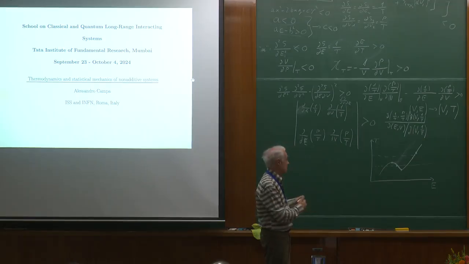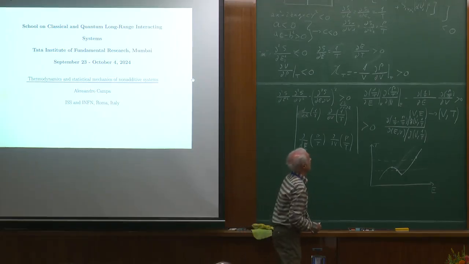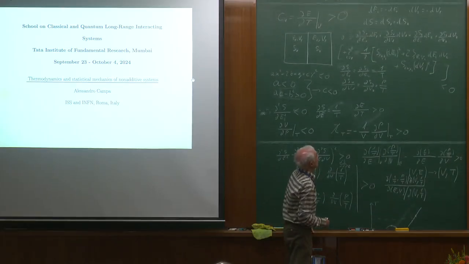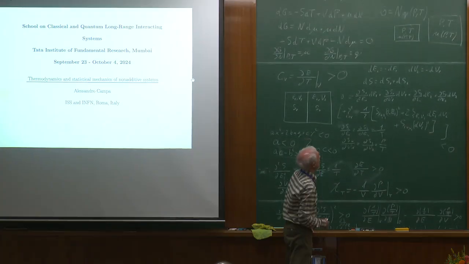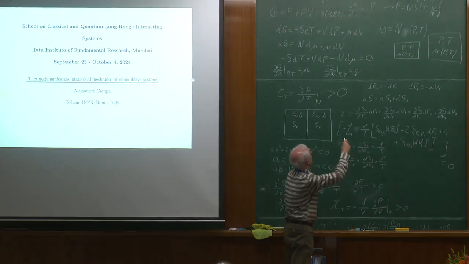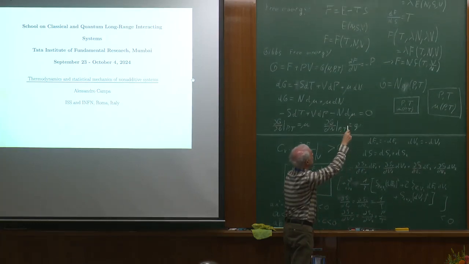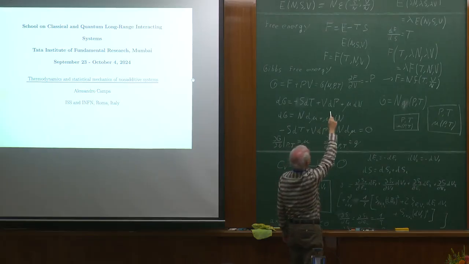But there are also mathematical ways to see this, still very simple, which are more or less related to a slight generalization of the Legendre transform. Where was that? Oh, that F equals E minus TS.